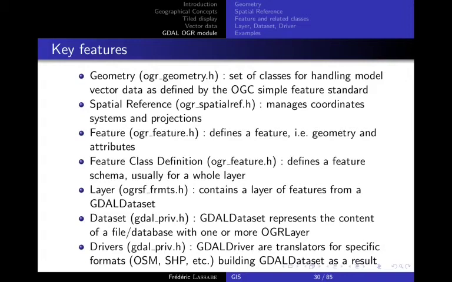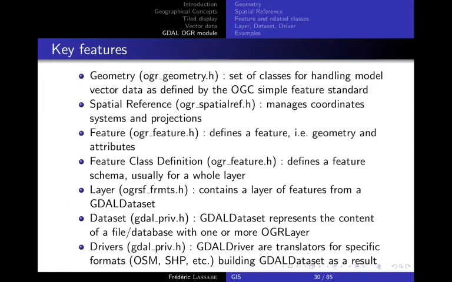You find the spatial reference feature in OGR spatialref.h, which manages coordinate systems and projections. You find features in OGR feature.h, which define a feature which is actually a geometry and its attributes.